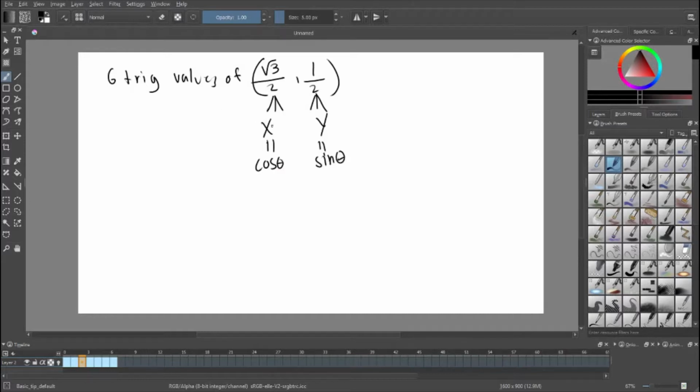So now that we know that they're all equal, we can basically draw out our 6 trig values. The first thing we probably want to do is just put our values in.